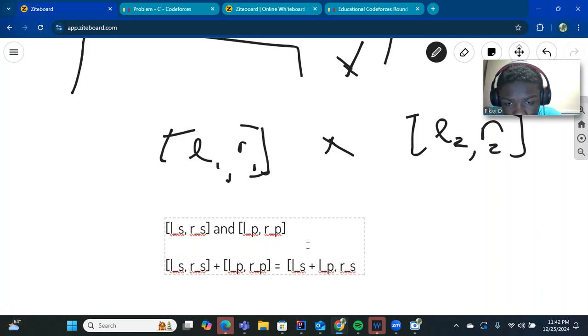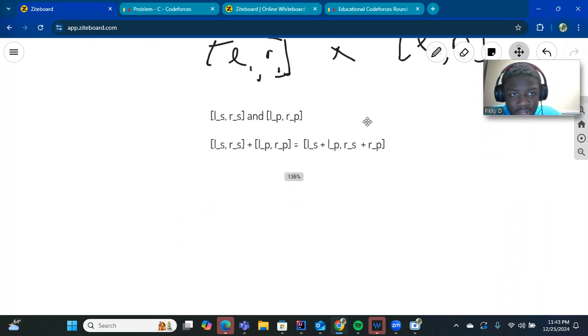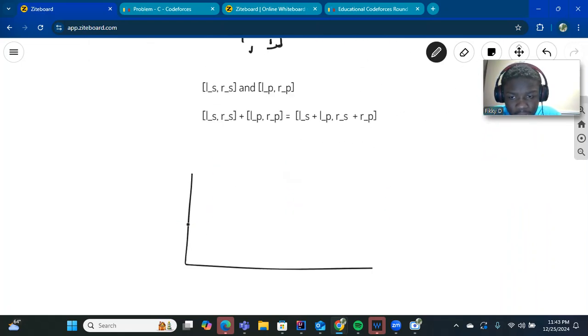That is just adding them. This is just obvious. It's straight up just adding them, because the minimum value you can achieve is this and the maximum value you can achieve is this, and obviously you can achieve any value in between.